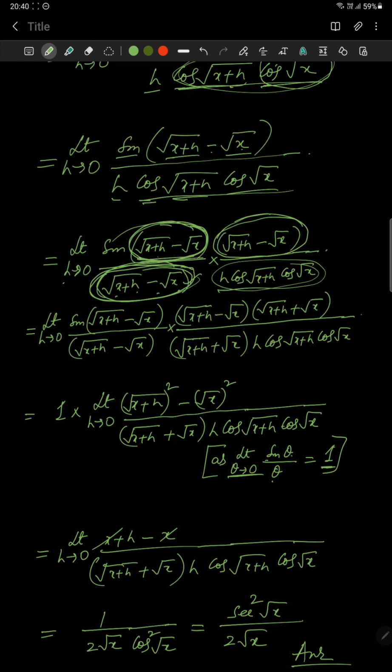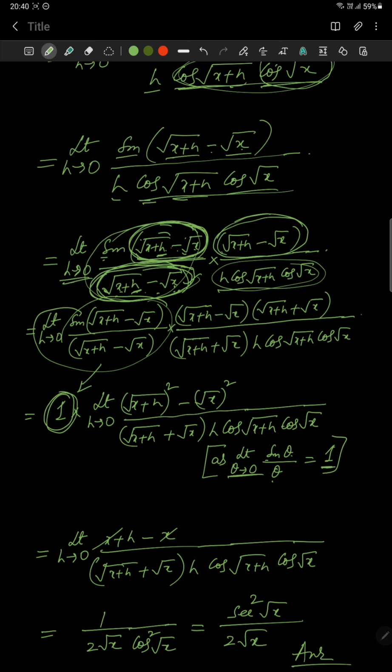So as you see, when h tends to 0, in the numerator we have root x minus root x, which becomes 0, and this also becomes root x minus root x, which is 0. So this forms sine theta by theta, where theta tends to 0. That means this whole thing will become 1. That is what I have written over here. First this step is followed, and after that this is written as 1.